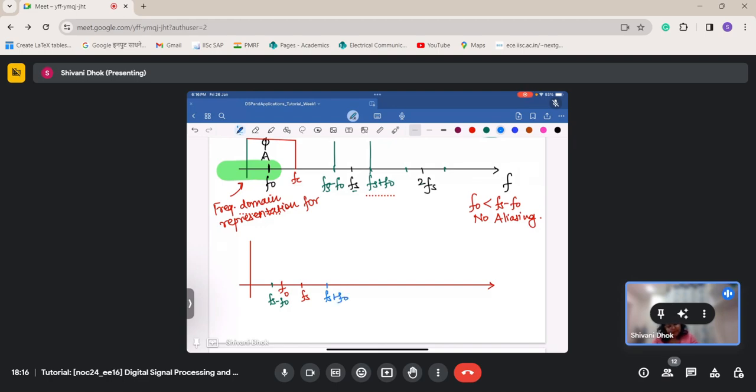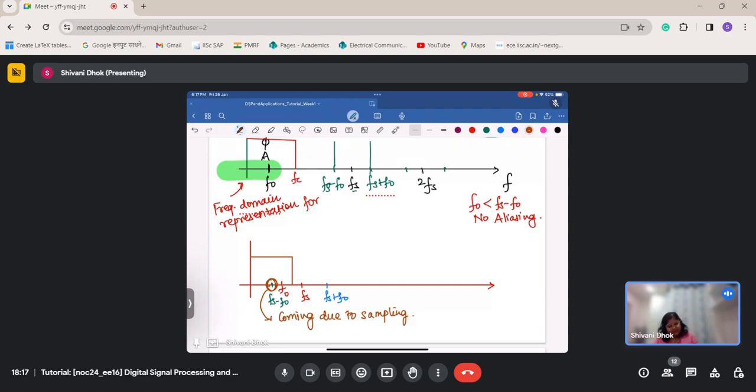Then in order to recover it back, I pass this through a low pass filter like this. So I'll have this particular component which is coming due to sampling but was not available in the original signal. So now I am having this particular overlap coming up due to sampling.